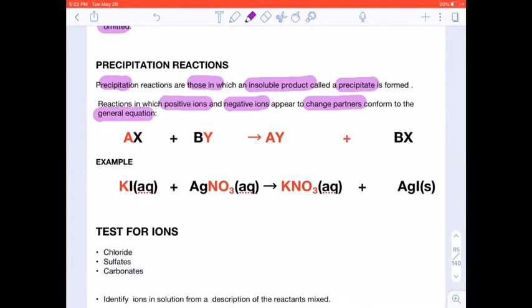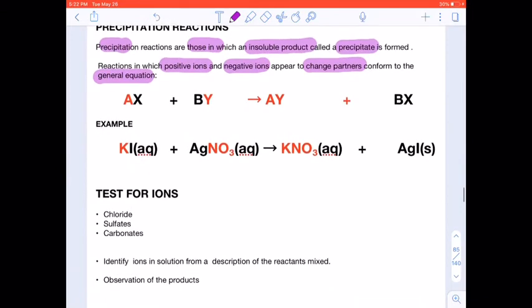Right, in a precipitation reaction, it looks like the positive ions and negative ions appear to change partners. Now let's look at this here. The general thing is you've got, say, AX plus BY gives us AY plus BX.